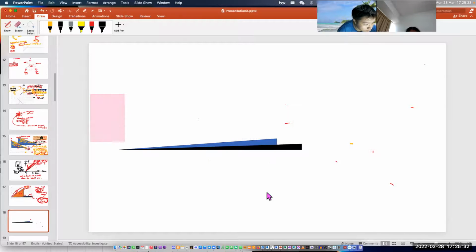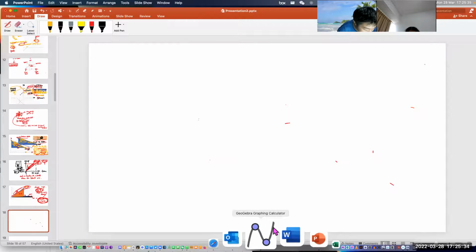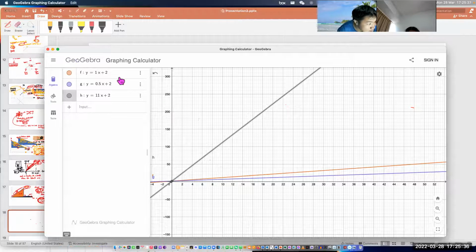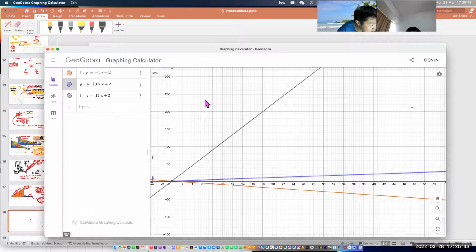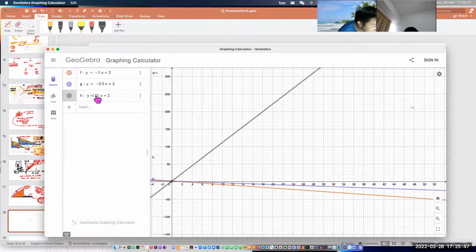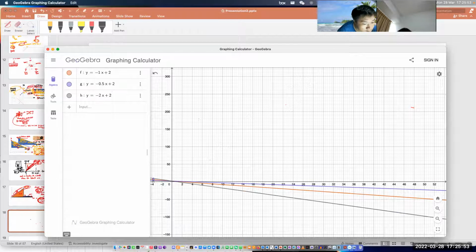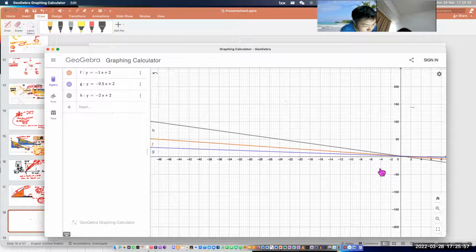So over here I start with -1. Then I want to get a negative 0.5, and then ultimately I want to get a -2, or negative 2 is better. Okay, so to let you see the effect. Okay, done.